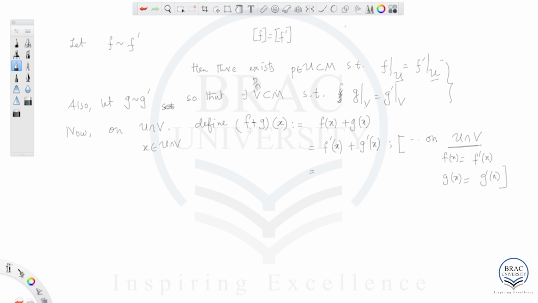According to this definition, it is nothing but the sum of these two functions.